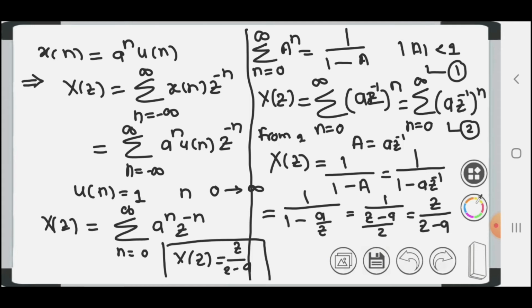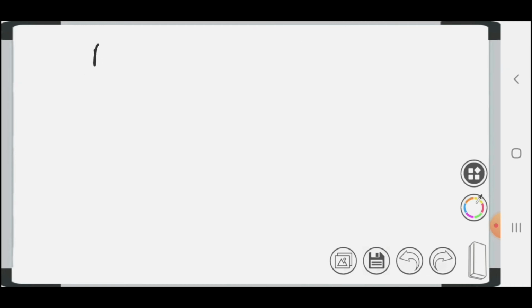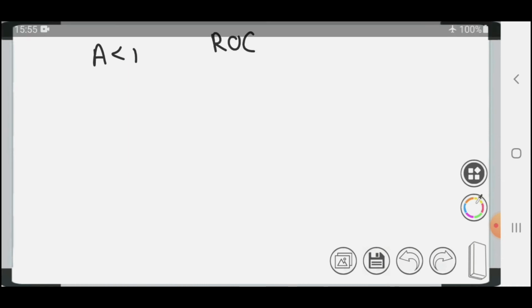Now, we have to comment on its ROC. Now, see this, when you have seen this geometrical series, then its ratio should be less than 1. Now, what is our ratio? It is nothing but a z inverse. So, a z inverse, which is nothing but a upon z, should be less than 1. So we are just commenting on its ROC.